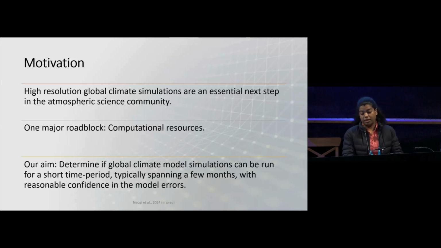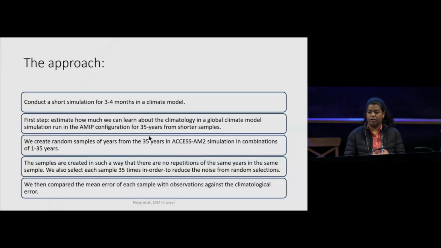So our aim is to see if global climate model simulations can be run for short time periods, typically a few months or a season, with reasonable confidence in the model errors. Our approach is to run a simulation for a few months, say 3 to 4 months, in a global climate model.